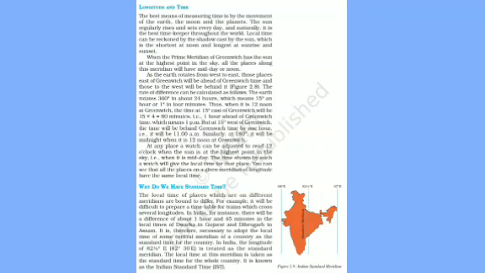So in this way, in earlier times, we used to determine the local time of a place, and also by the shadow cast by the sun, which is shortest at noon and longest at sunrise and sunset. Also, we can determine which time of the day it is. Now, when the prime meridian of Greenwich has the sun at the highest point in the sky, all the places along this meridian will have midday or noon.